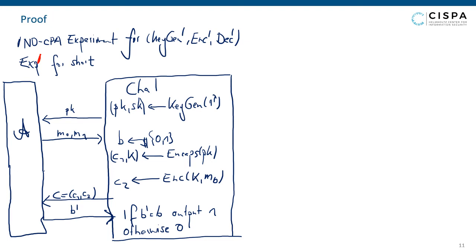So instead of using the key k, we will just choose a fresh and uniformly random key k*, and use k* to encrypt the challenge message m_b. So that's the only modification.